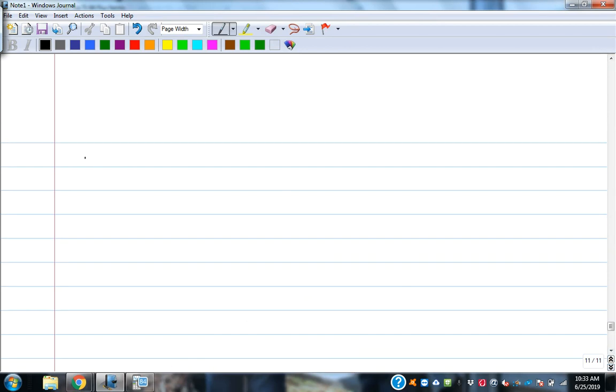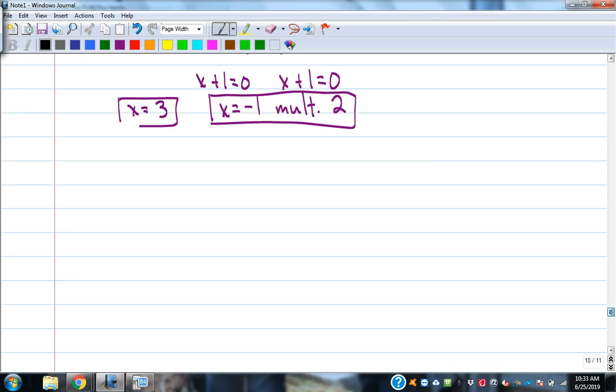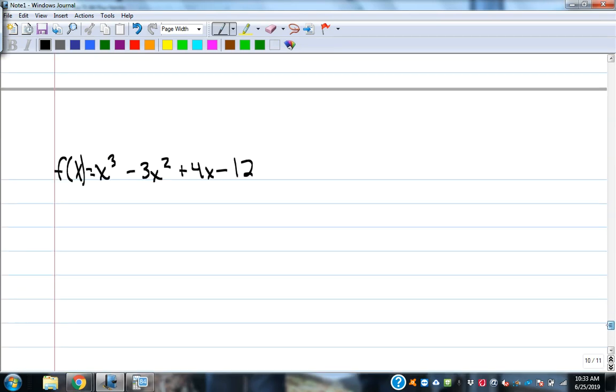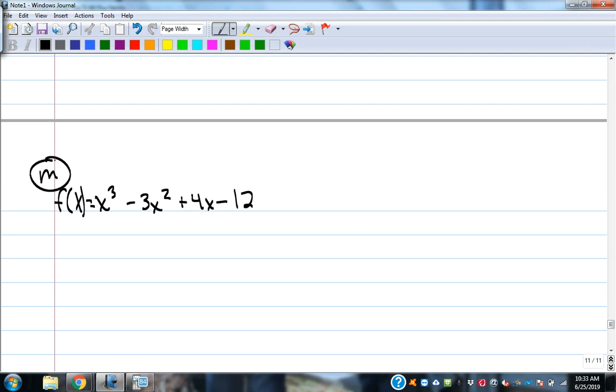Let's say we had f of x equals x to the third minus 3x squared plus 4x minus 12. What letter are we on here? M. Yeah. There's our polynomial. And we want to solve that and find the zeros of that polynomial.